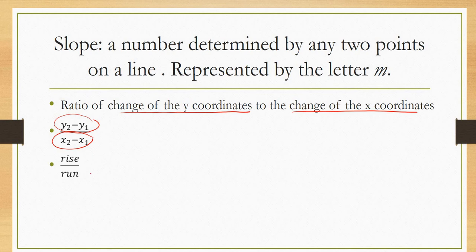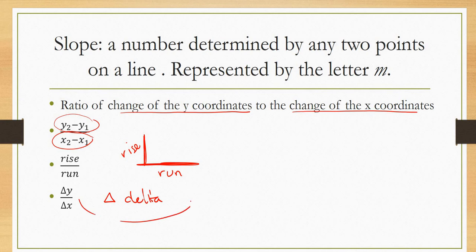Another way we refer to this is the rise over the run. When y changes, that's an up and down difference or a rise. And when the x changes, that's a left and right difference or a run. The last way you may not have seen before, this symbol is the Greek letter delta.